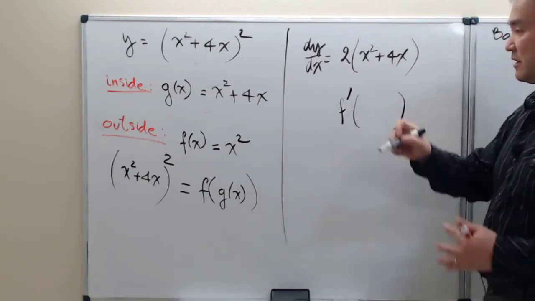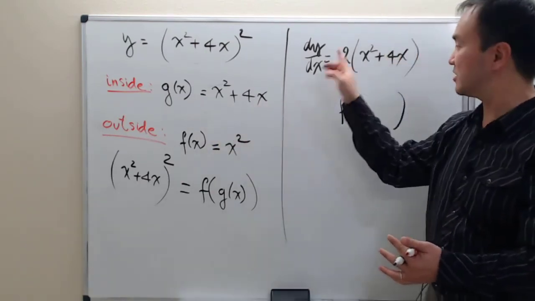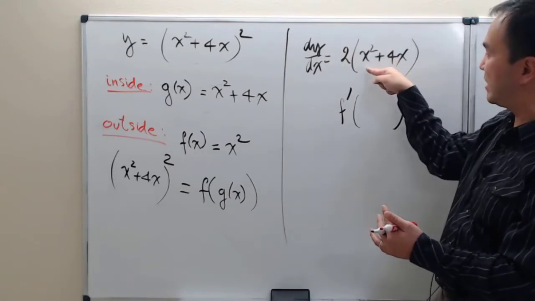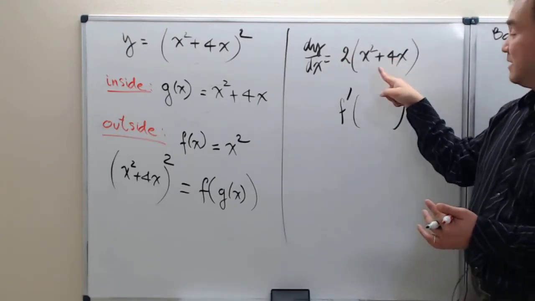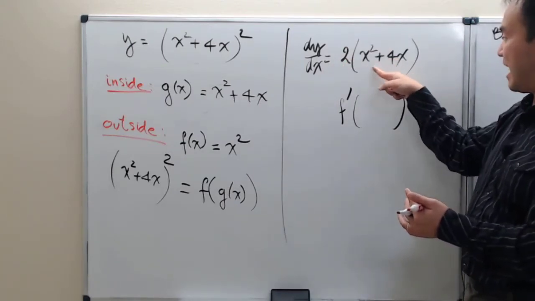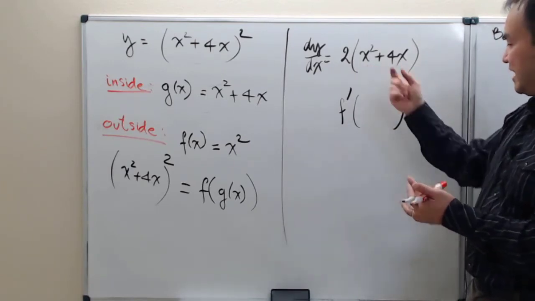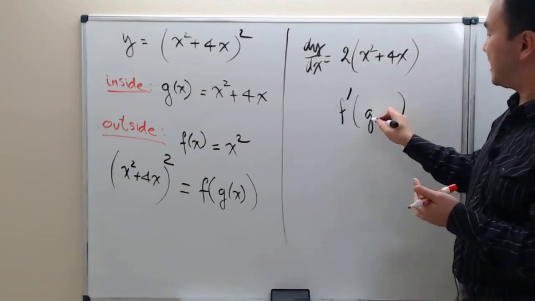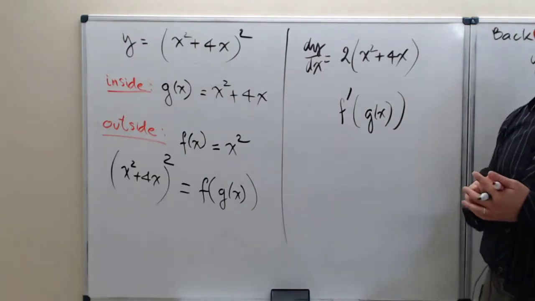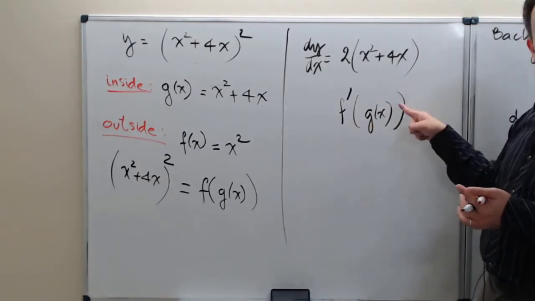Because f itself is the square function, we simply brought the square down and kept the entire thing the same. The entire thing that my fingertip is pointing at is our g of x being kept inside. So this is f prime of g of x.